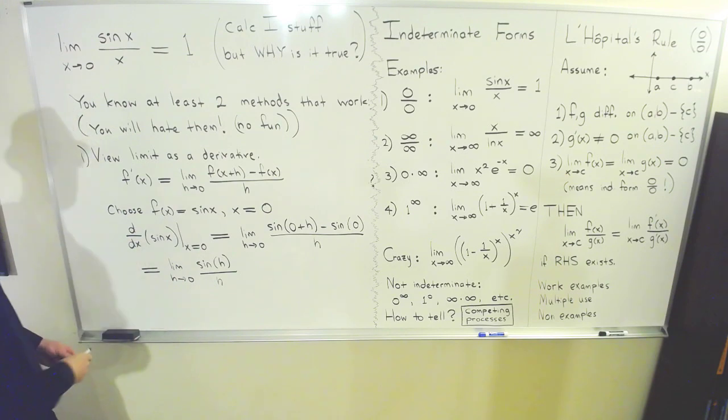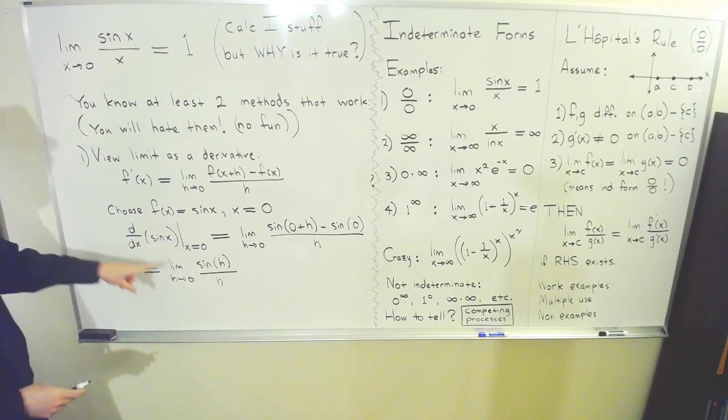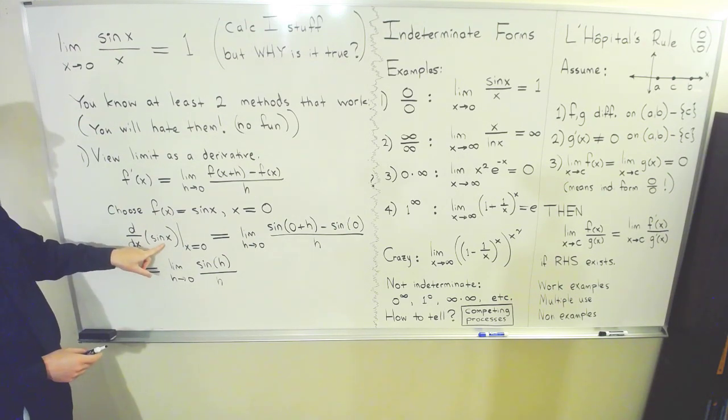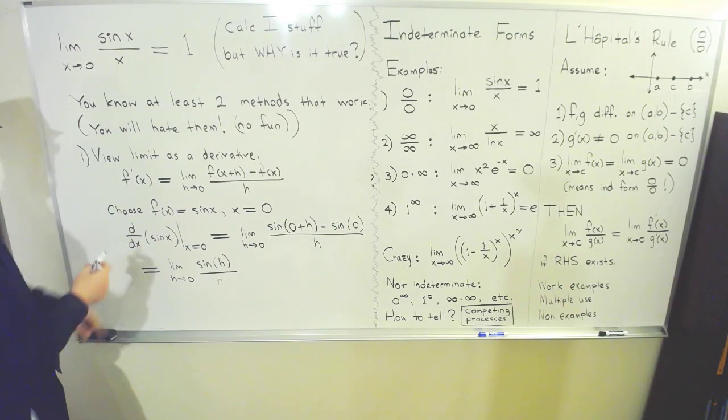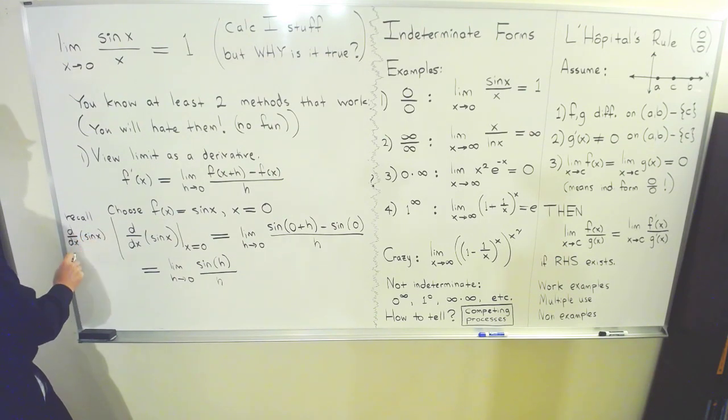Okay, so what's the point of all of this? Well, what is the derivative of sine? You recall the derivative of sine is cosine, right? So I'm just going to write this here. Recall d dx of sine x equals cosine x.